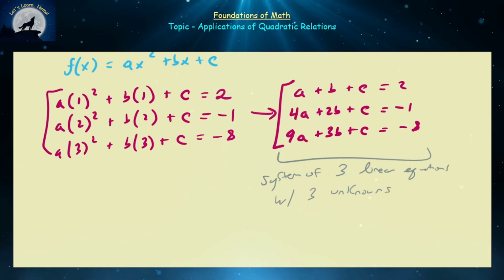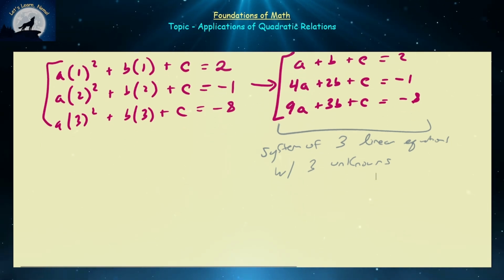Using another course called linear algebra, one can prove that as long as there are no repeated x values, the system is always going to have a unique solution. So we're always going to be able to find a unique parabola that passes through these 3 points, as long as it doesn't break that assumption of repeated x values.